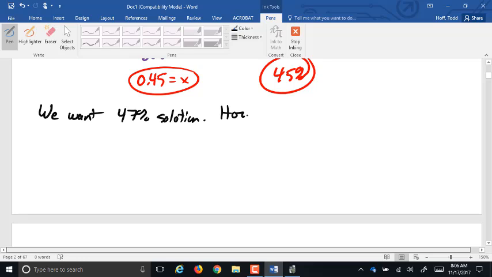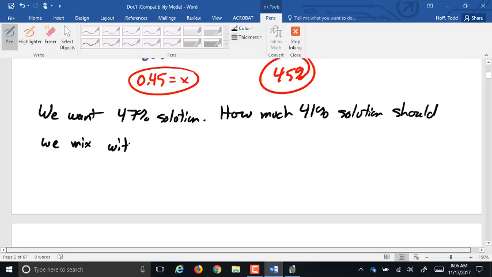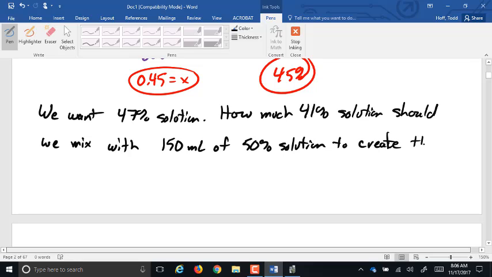The question is, how much 41% solution should we mix with 150 milliliters of 50% solution to create the 47% solution?